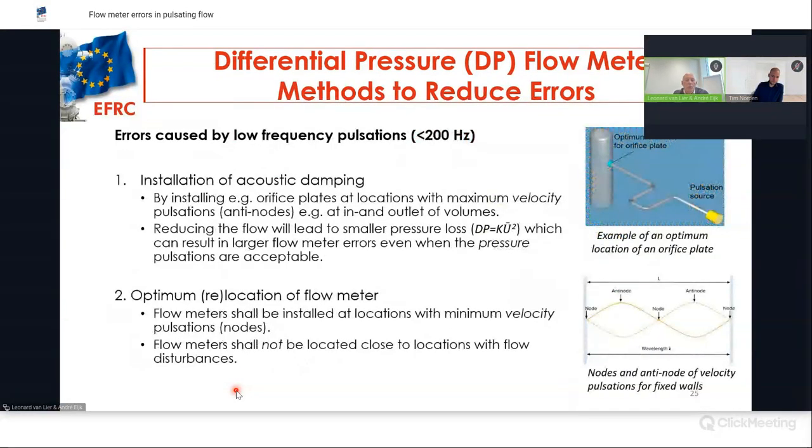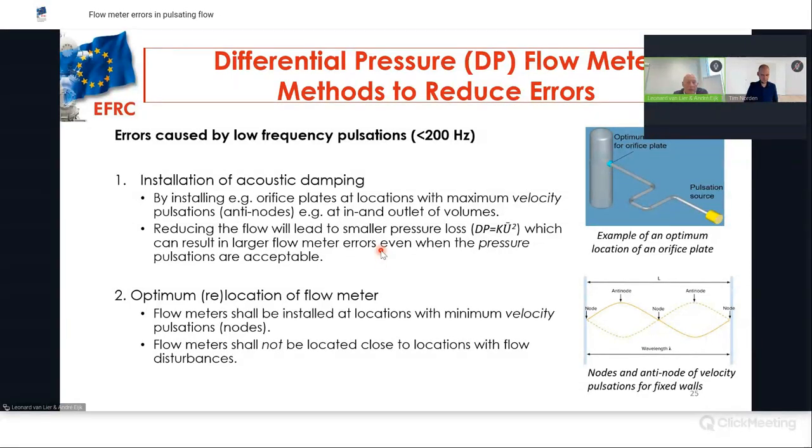The errors caused by the so-called low frequency pulsations, that is in general smaller than 200 Hz, can be reduced as follows. The most applied effective measure is the installation of acoustic damping by means of an orifice plate, and the orifice plate shall be located where you have the maximum flow velocity pulsations, at so-called antinodes, and that is in the inlet or outlet, for instance, of volumes.